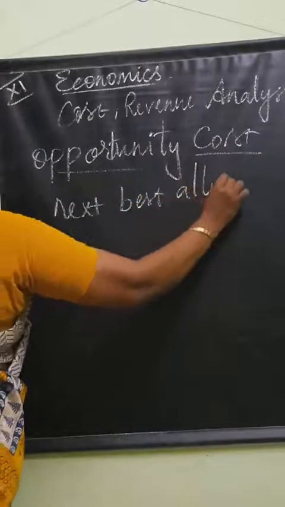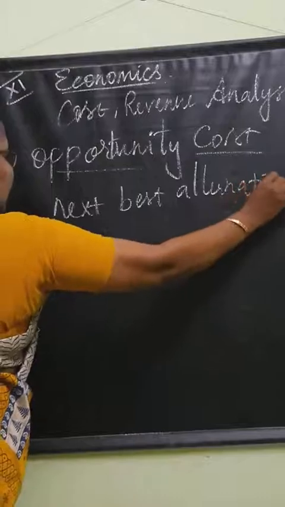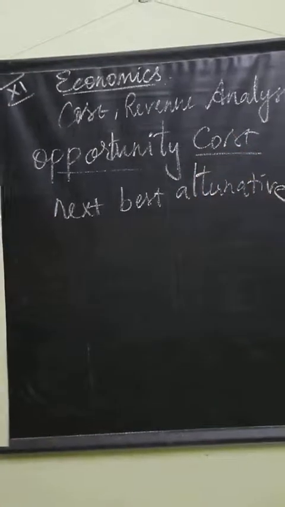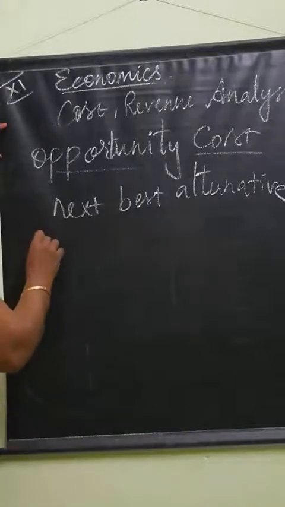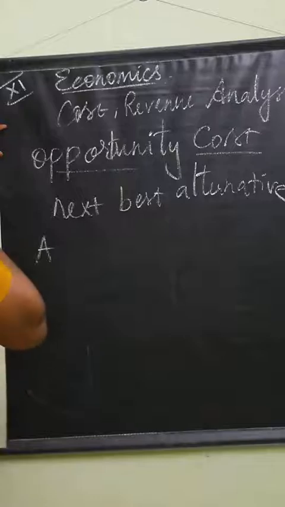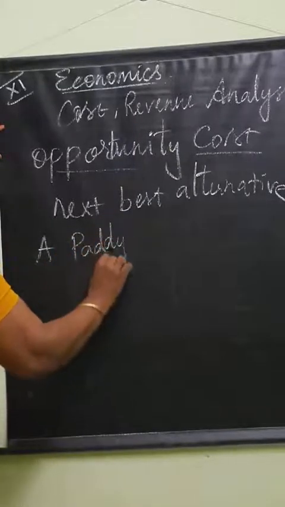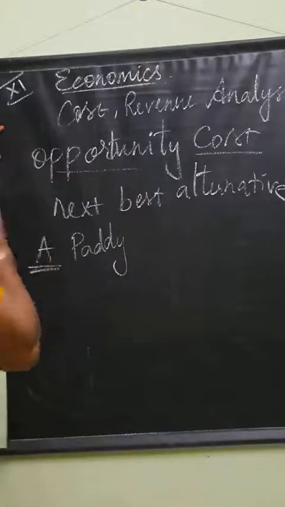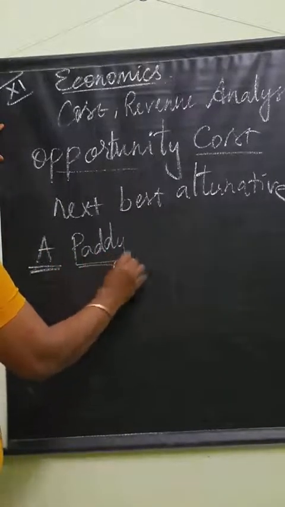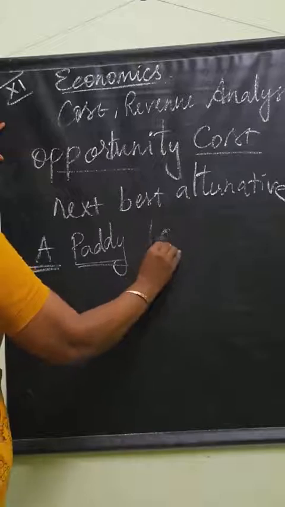I'll give you an example, then you will understand me. A farmer is cultivating paddy. Then he cultivated sugarcane.